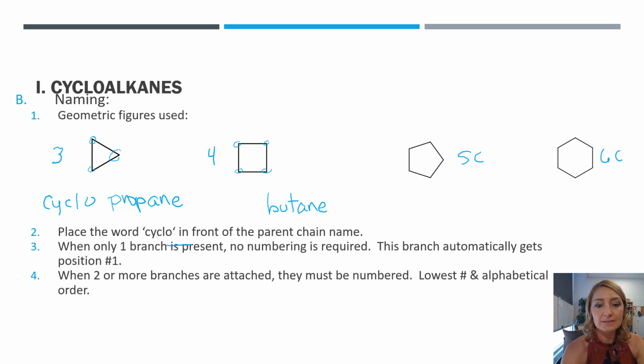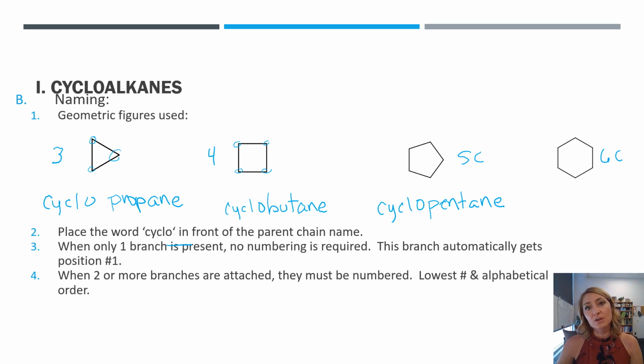And it's cyclic, so we just put the word cyclo in front of it, and this is cyclobutane. 5 carbons, each of these, where these lines come together, is a carbon. 5 is pent, all single bonds, so we end this with ane. Because the first carbon connects to the last carbon in a cyclic structure, we need to tell our reader that this is cyclic, so we call it cyclopentane, because pentane by itself is just a straight chain.